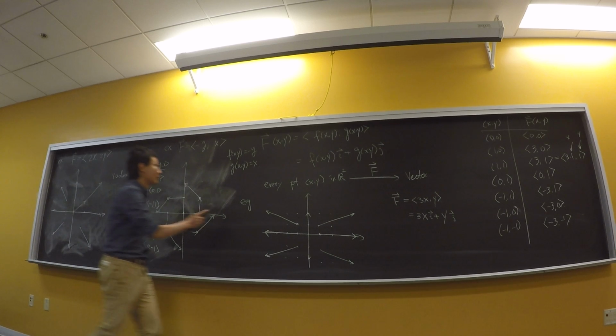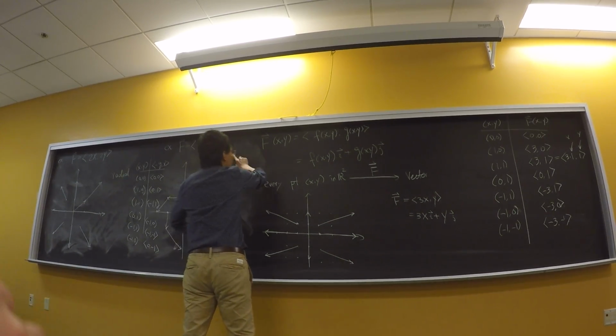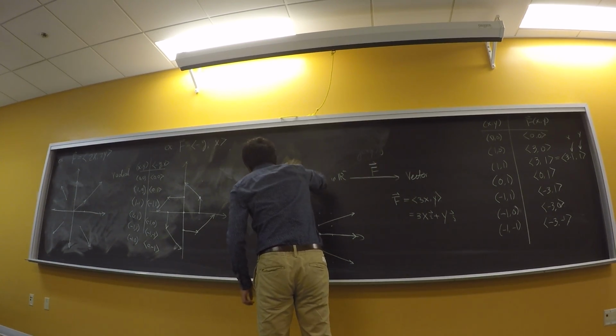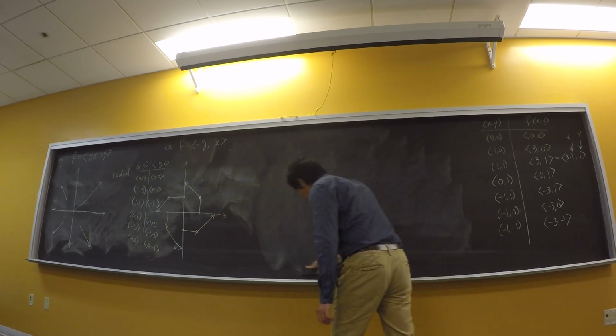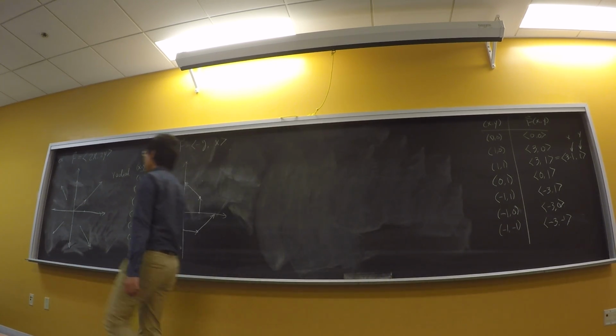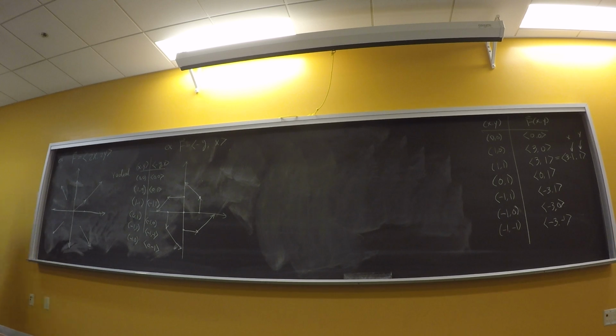Especially the first one, I want to give you a little bit more insight related to what we learned before. If I look at this picture, this vector field is given by 2x, 2y. We actually learned about vector fields before, when we learned about taking derivatives.